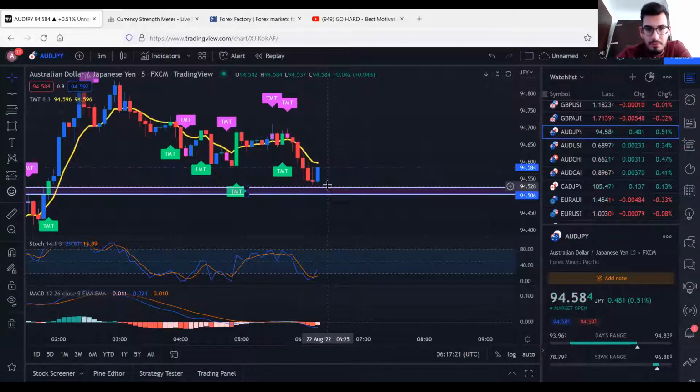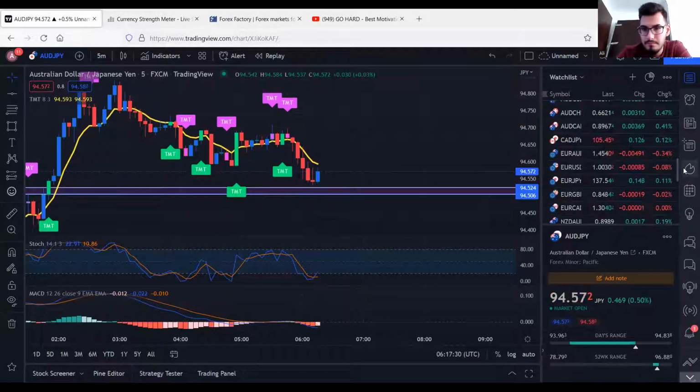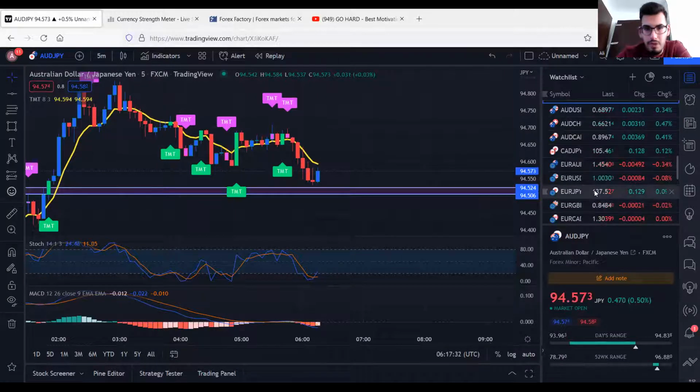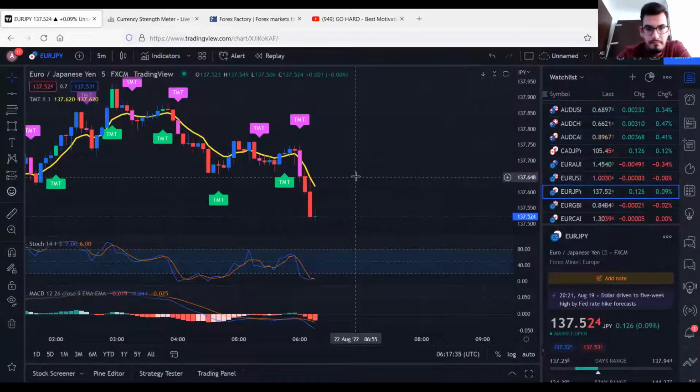Look how close it was to my area, ladies and gents. It was literally 5 to 10 points away. Wow. Euro JPY, same thing there.